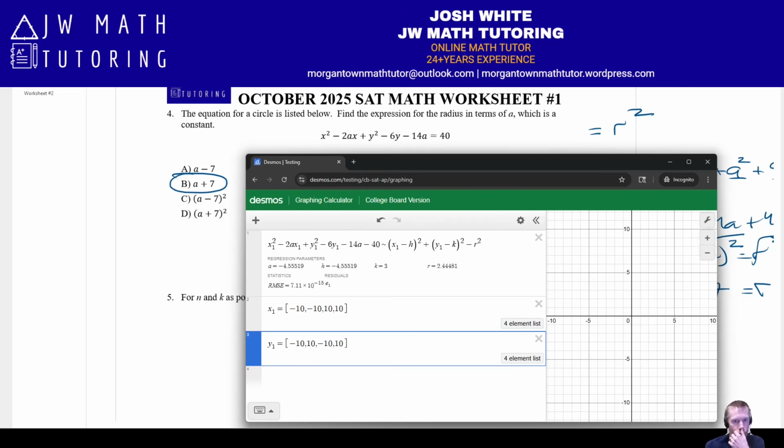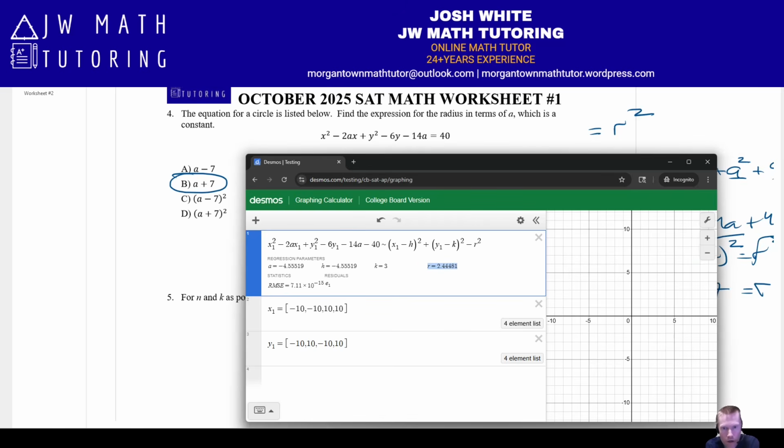Now, excuse me. So what I need to do is the following. I have a value for the radius. It's telling me the radius is 2.44481.